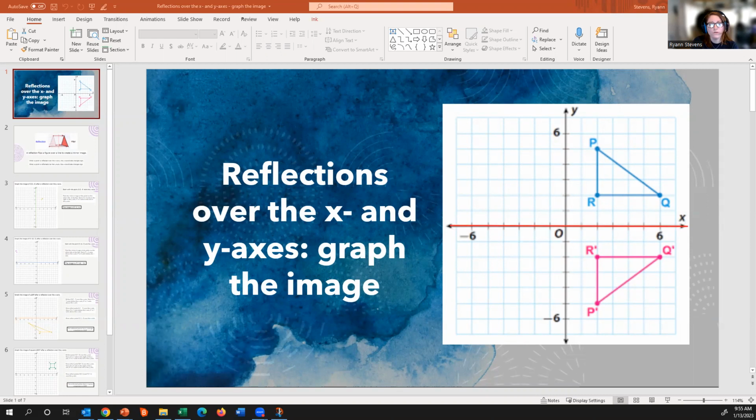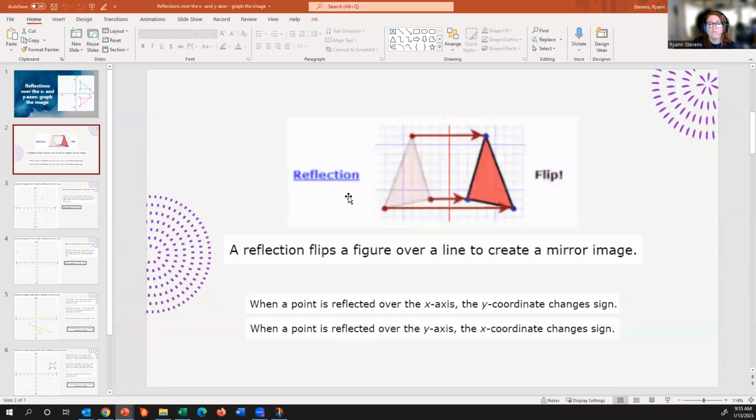Okay, and what a reflection is, it's basically a flip. You're taking that point or that shape and you're flipping it over some line to create a mirror image. When a point is reflected over the x-axis, the y coordinate is going to change its sign.